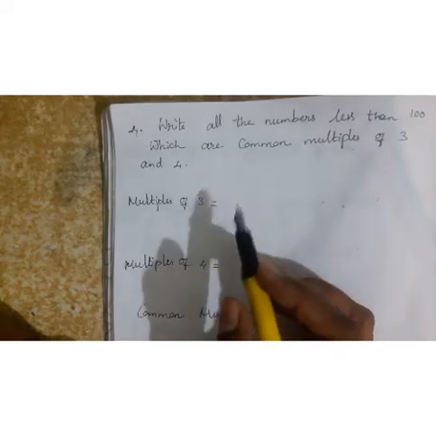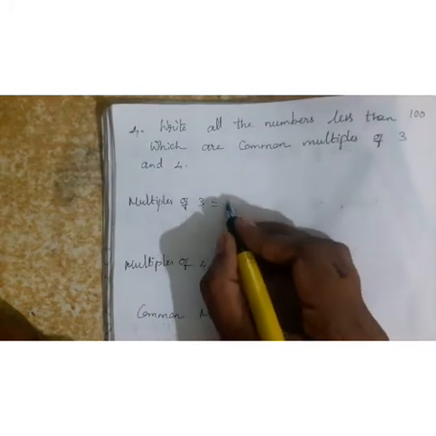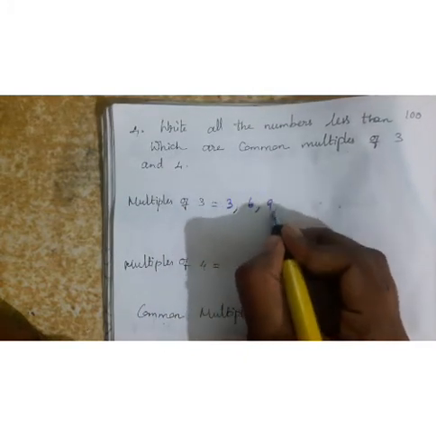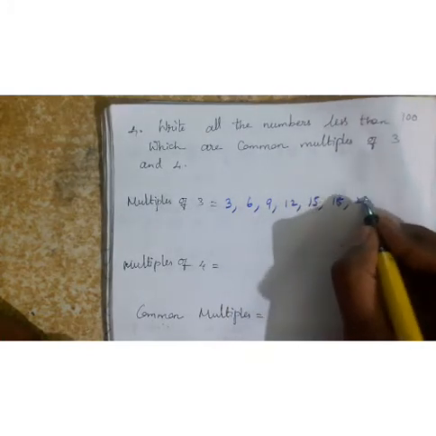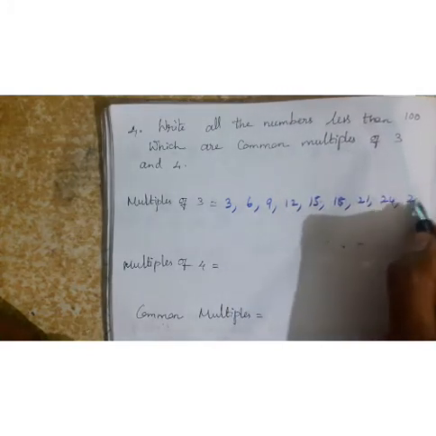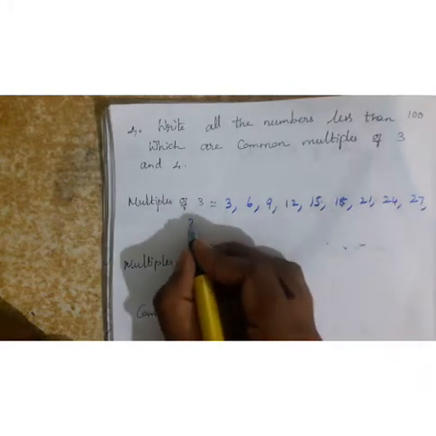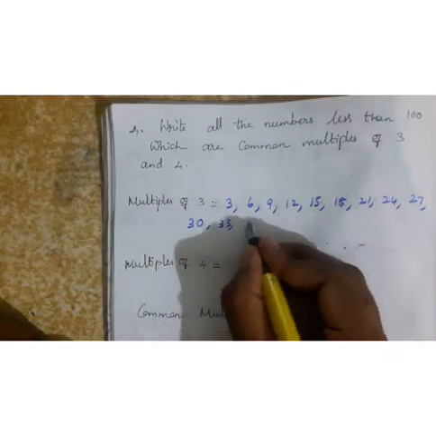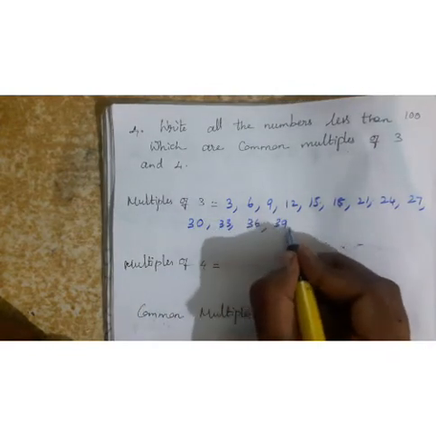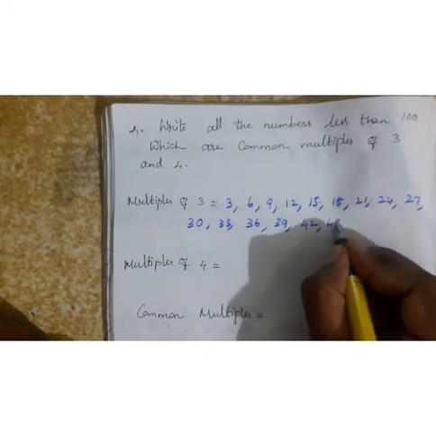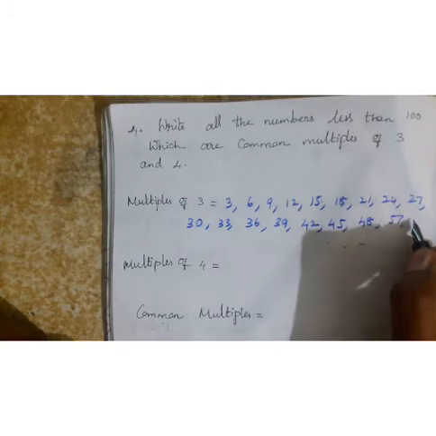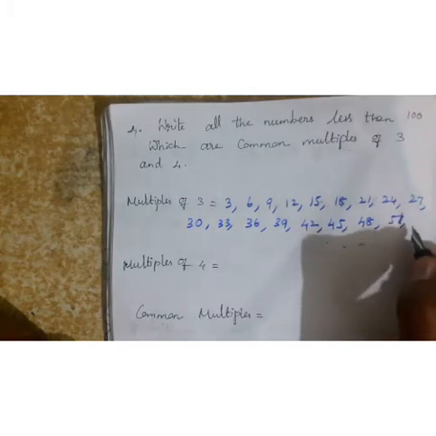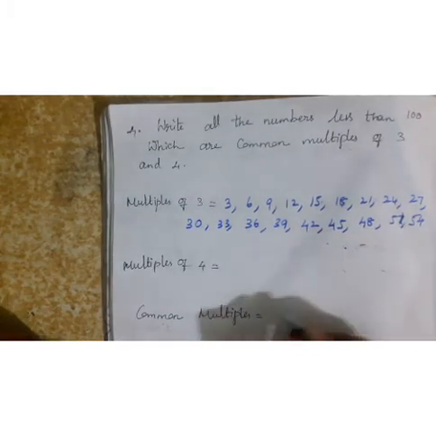less than 100. So multiples of 3 is equal to 3, 6, 9, 12, 15, 18, 21, 24, 27, 30, 33, 36, 39, 42, 45, 48, 51 and 54.